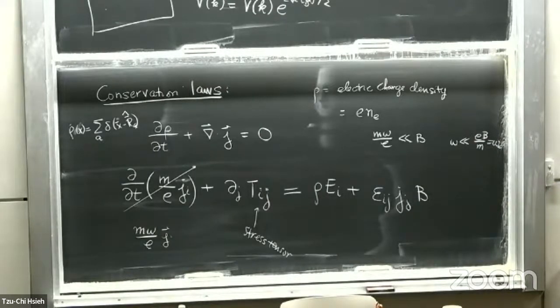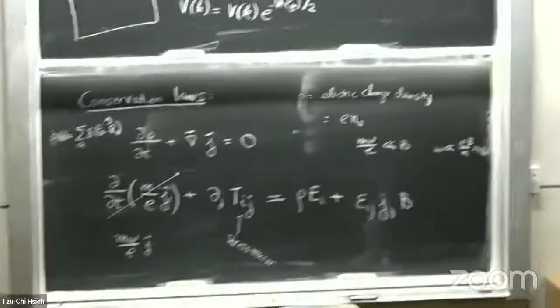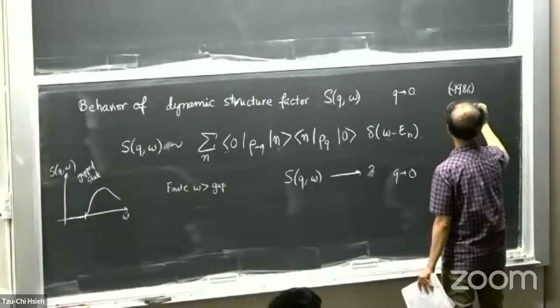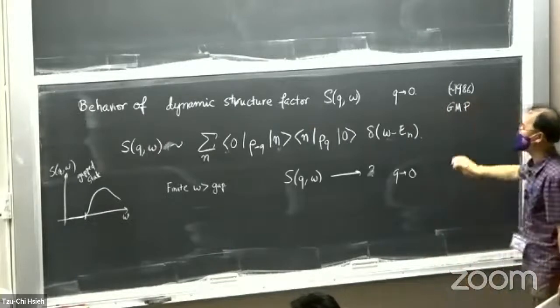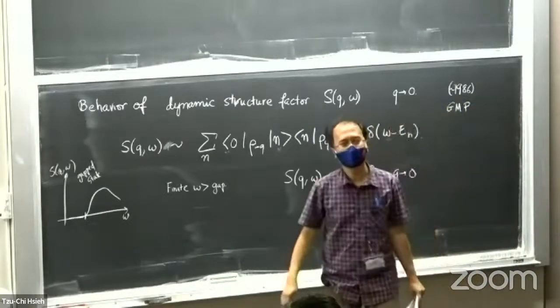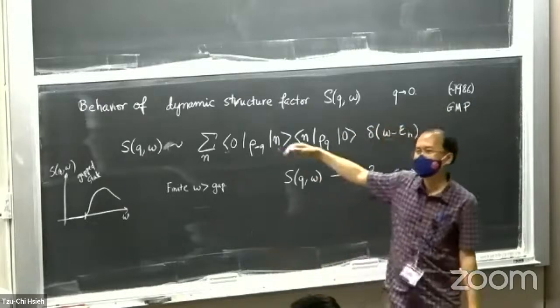Now, how did this problem appear in the literature? It appeared in a certain context in the paper by Girvin, MacDonald, and Platzman, when they were trying to generalize Feynman's theory of superfluidity to the quantum Hall effect.